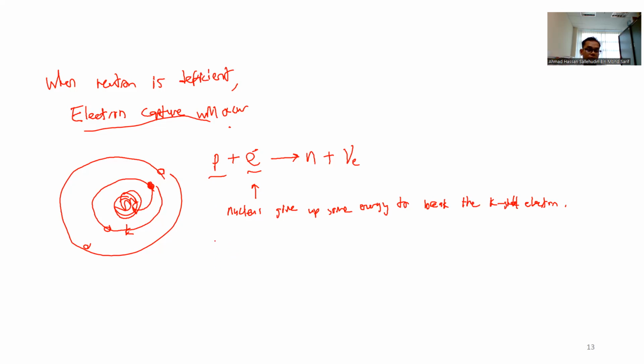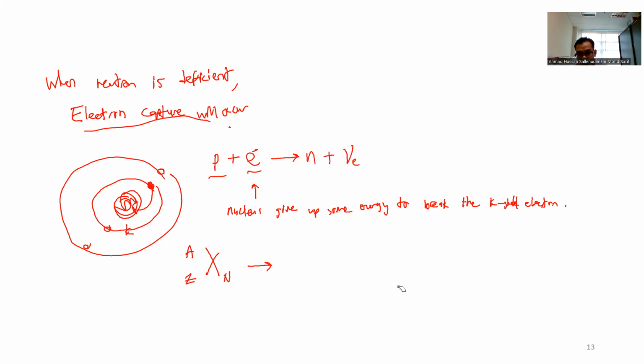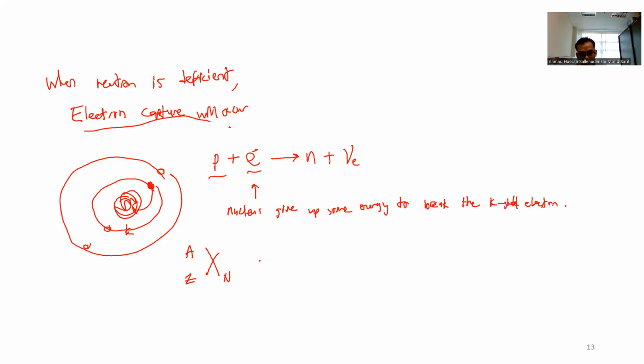The decay process is like this. The parent plus electron. So this is the K shell electron.